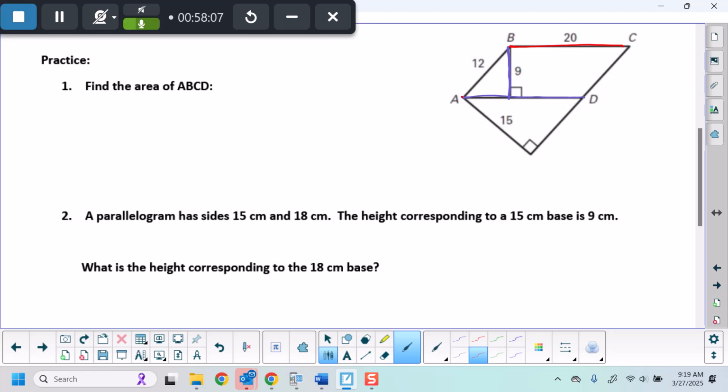Here's our 20, and we're going to let AD also equal 20. So if I want to find the area of that whole parallelogram, my area is equal to my base times my height. So my area is equal to 9 times 20, which is 180. I don't see any units, so I'm going to say 180 square units.